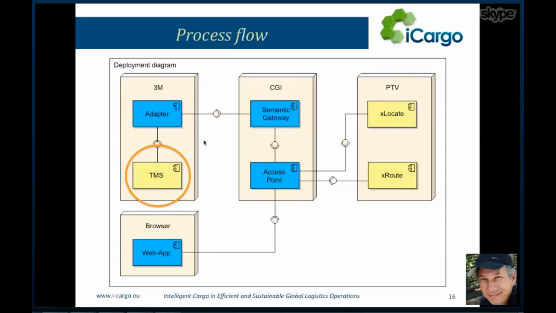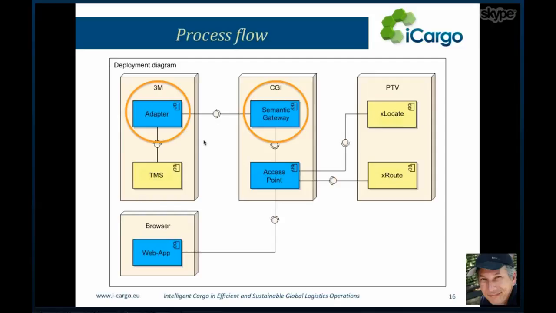So how did we deploy this for the pilot? In the orange circle, you see the TMS system of 3M, who is providing the packages. We implemented a simple adapter that was able to provide the transport instruction to something that we call the semantic gateway.